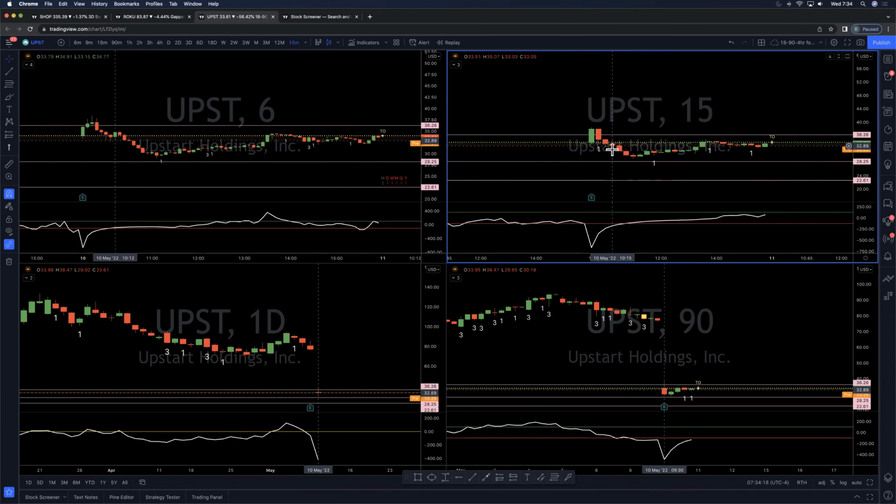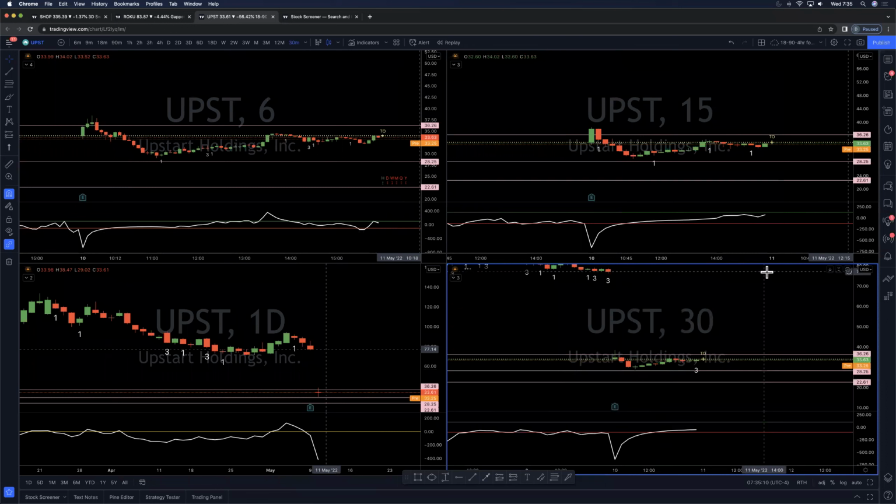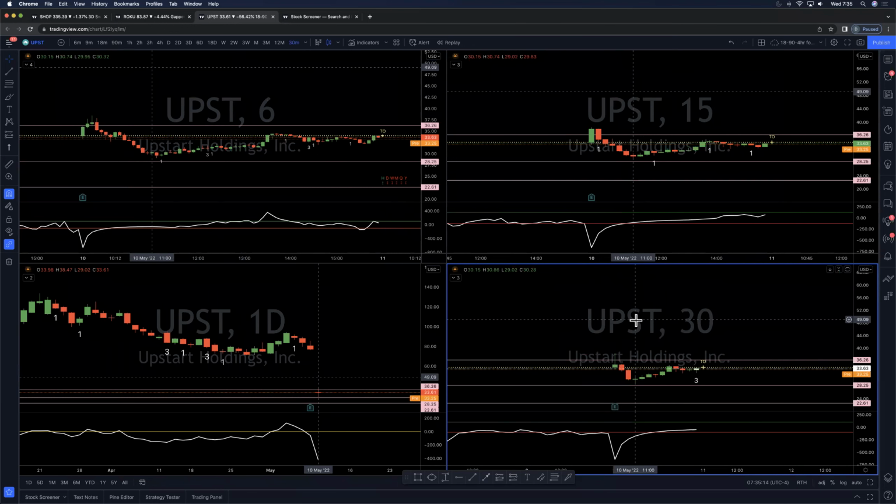But here's your 90 flip right here at 11. If you're looking at that on a 60 or 30, you may get caught in this and get triangled out. This was your 90-minute flip, so be careful.